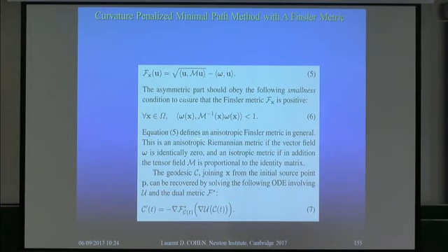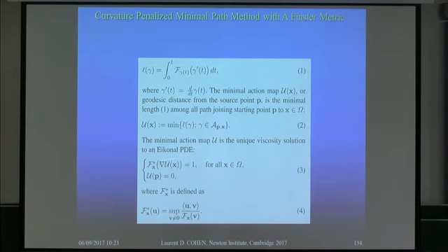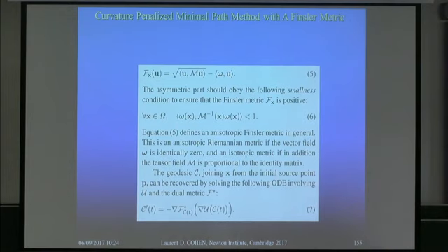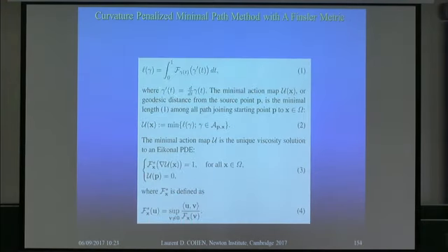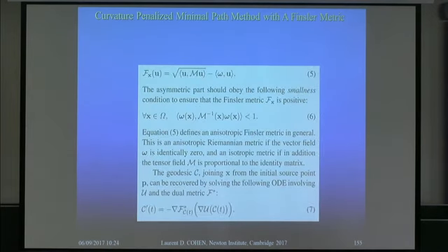And whenever this condition is satisfied for all x in the image domain, then this definition leads to a positive metric, and you can do what we said before, so solving this eikonal equation and solving this minimal path extraction, and finding the global minimum for this minimization.